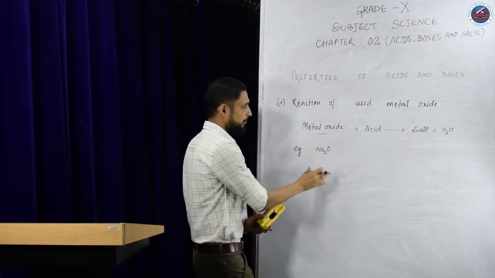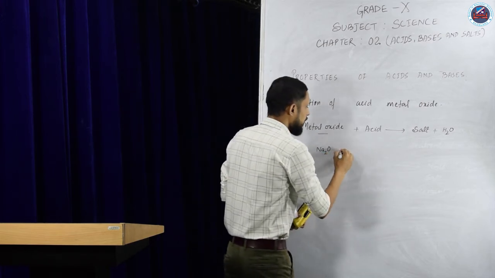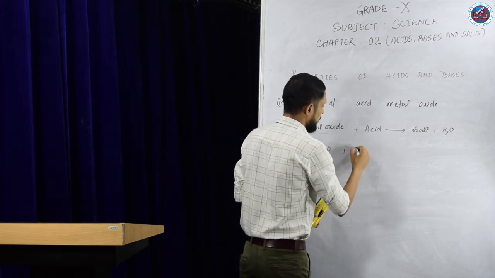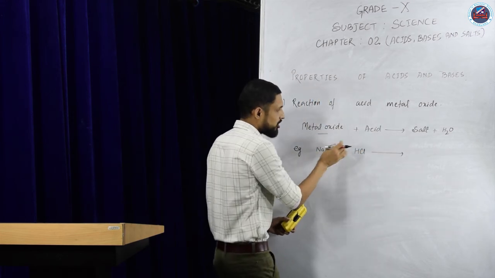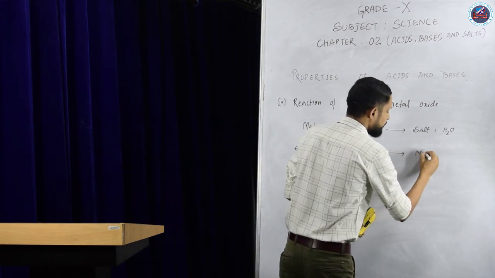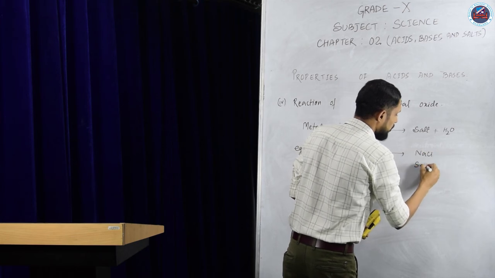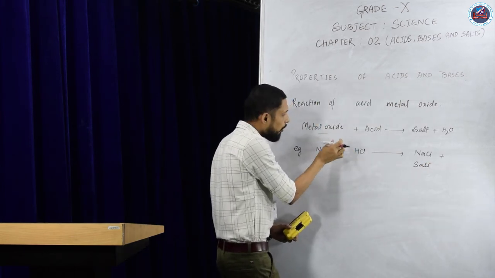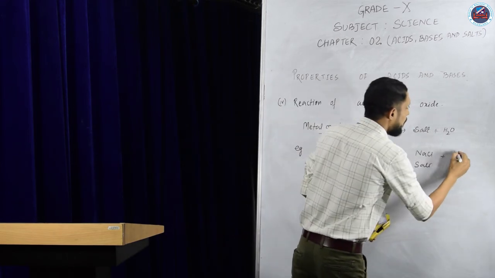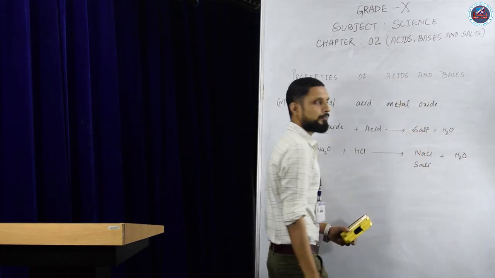Sodium oxide is a metal oxide. If it reacts with an acid like HCl, we know the first thing, Na will take Cl, will go out as NaCl, so this is the salt formed, plus the hydrogen will go with the oxygen and forms H2O.